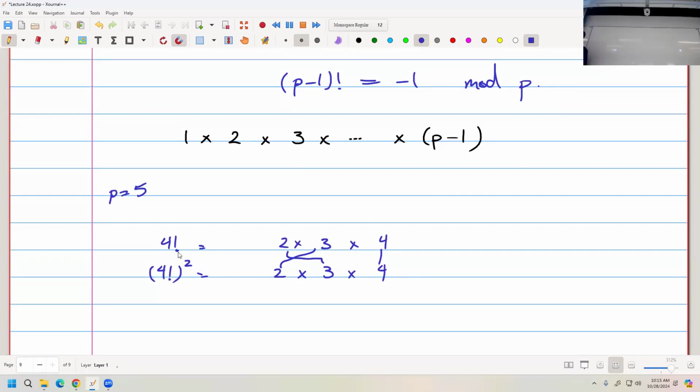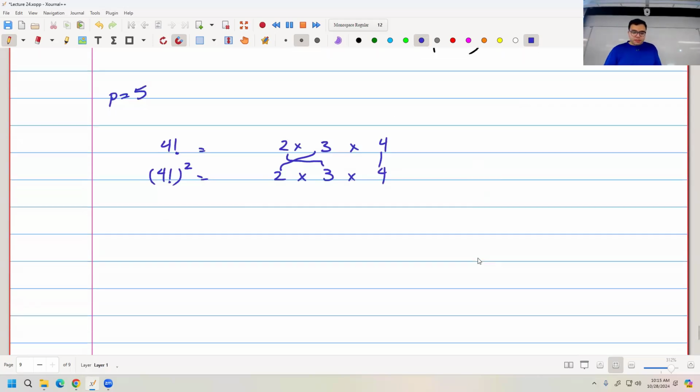And every number when multiplied by its inverse is going to give me 1. So this 2 times 3 is going to give me a 1. This 3 times 2 is going to give me a 1. 4 times 4 is going to give me a 1. So P minus 1 factorial squared is 1 modulo P.